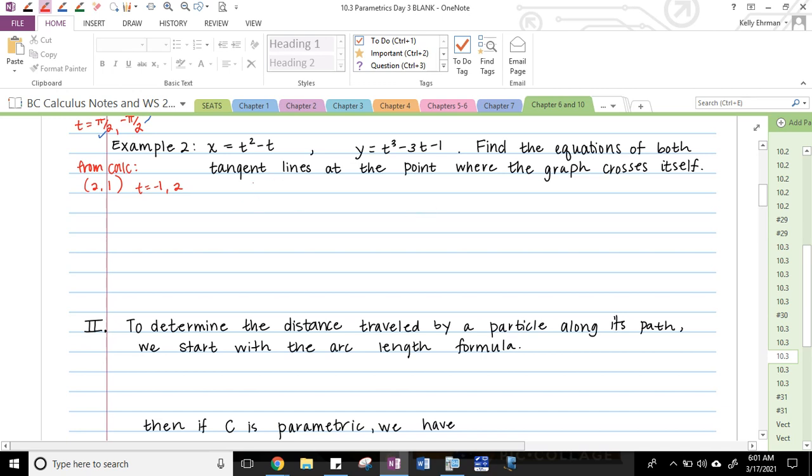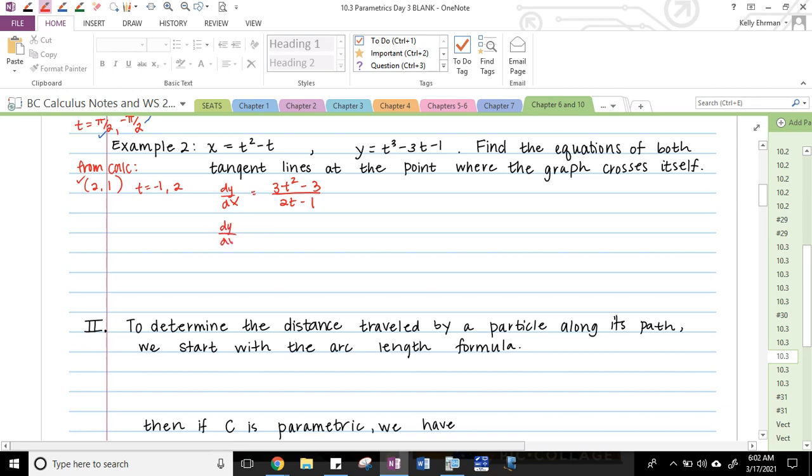Okay, so equations of tangent lines. I have the points. I need the slope. So dy/dx is 3t squared minus 3 over 2t minus 1. We could factor that a little bit, but nothing's going to cancel, and I don't have to take a second derivative, so I'll leave it there.